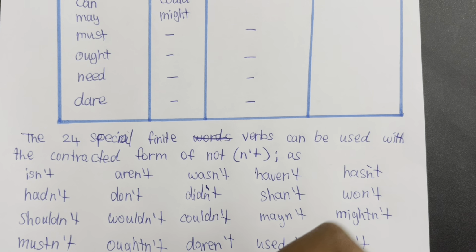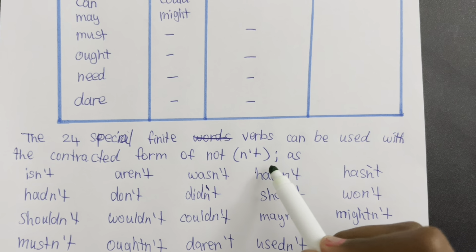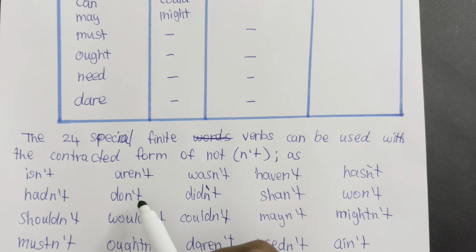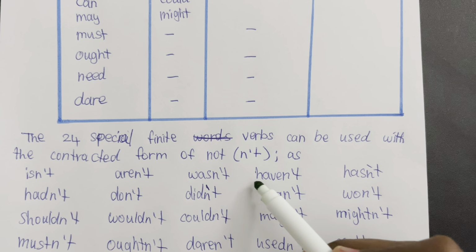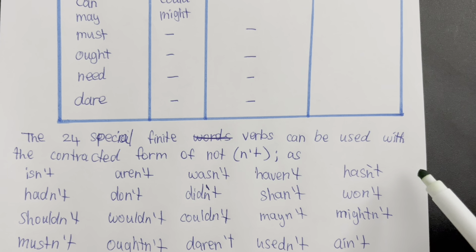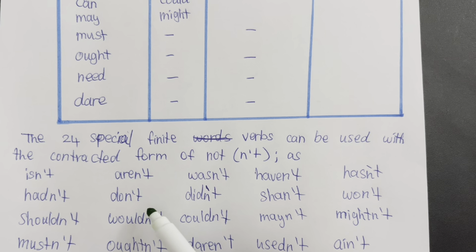The 24 special finite verbs can be used with the contracted form not: isn't, aren't, wasn't, haven't, hasn't, hadn't, don't, didn't, shan't, won't, shouldn't, wouldn't, couldn't, mayn't, mightn't, mustn't, oughtn't, daren't, usedn't, ain't.